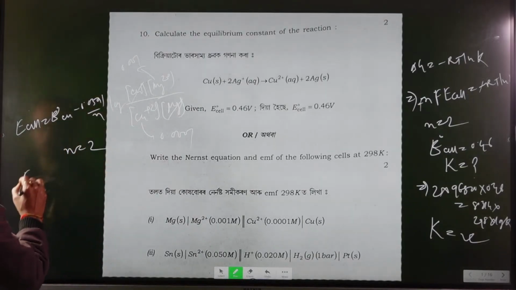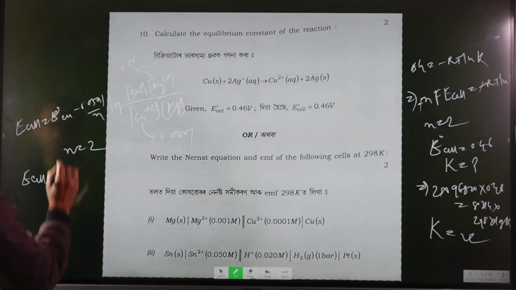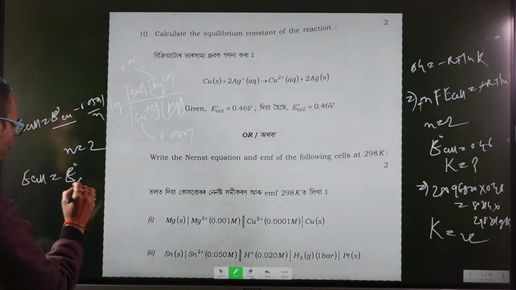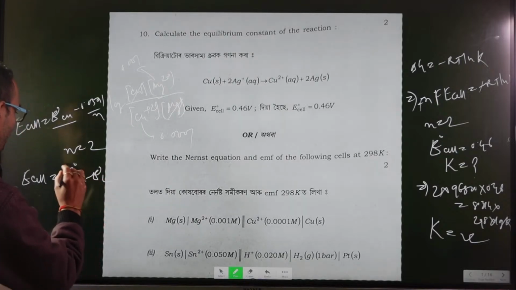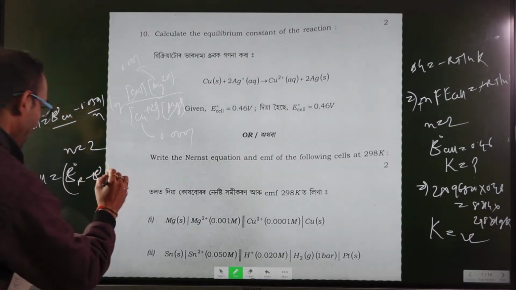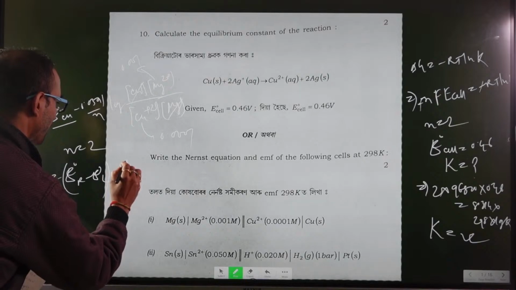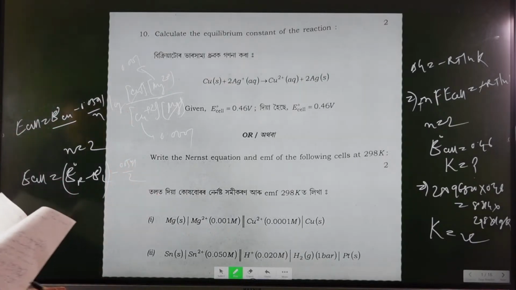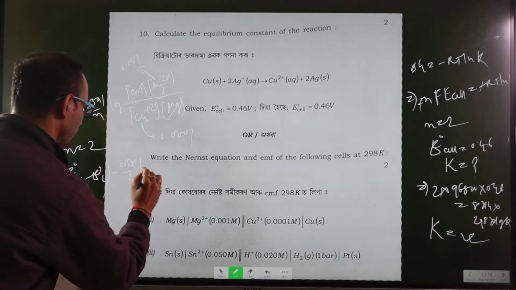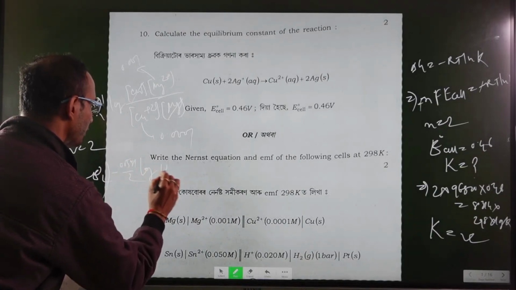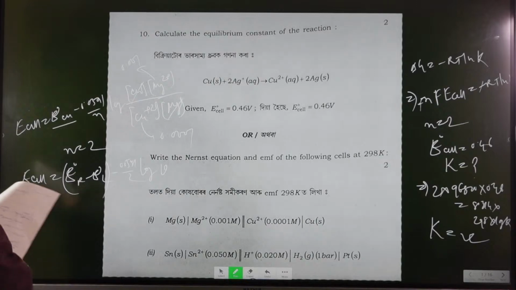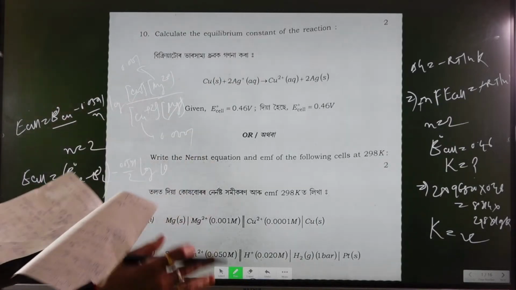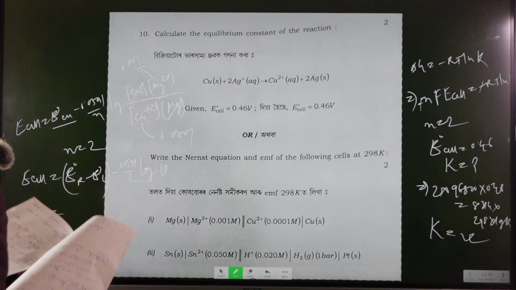E cell is equal to, finally what you will write? E naught cell, which means E naught R minus E naught L. Then minus 0.059 by 2 into log base 10 of the concentration ratio, which gives 10. Of course, E naught R you have to remember. E naught R means reduction potentials.